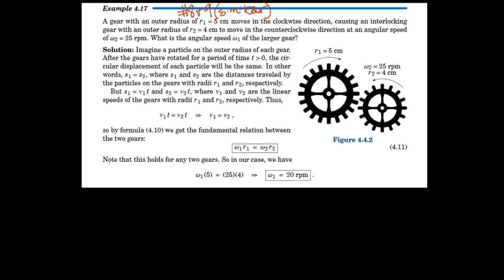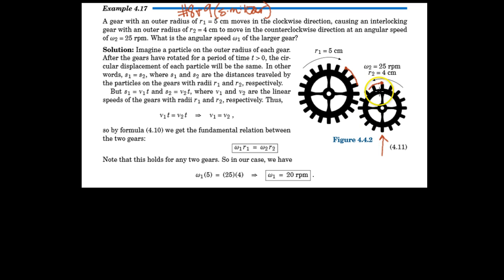4.17 is similar to 8 and 9 that I assigned, and basically, if you think about it, it took me some time. If you picture a particle on the outer edge of each gear, so here's a little particle moving along the edge of a gear, and here's another particle, and you start spinning these gears, the distance traveled over so much time is actually going to be the same distance, even though this one makes more revolutions.